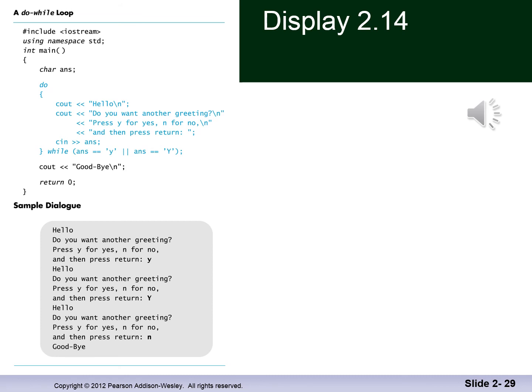Well, the minimum will be 1. You will get 1 hello regardless of whether or not the user types in yes or no, because the body of the loop, which includes the cout statement hello, gets executed before the Boolean expression gets evaluated. This is an important difference for you to note between the do-while and the while loop.